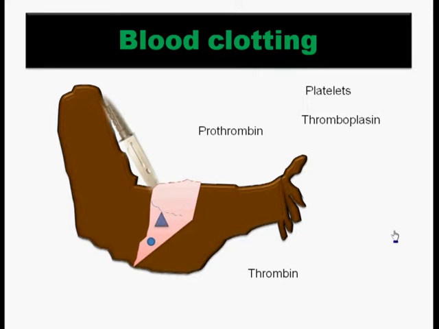Notice the color change. Good. So this prothrombin was converted to thrombin. So the pro was actually taken off. Alright, so what happens now? We have another protein called fibrinogen. Good. Now what happens to the fibrinogen?